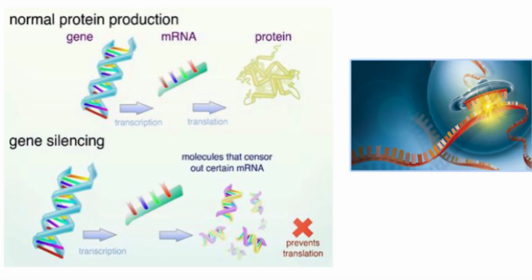Here is a pictorial representation comparing both scenarios. In the first case, we have a normal protein production scenario where from the gene the mRNA is produced and protein is formed.